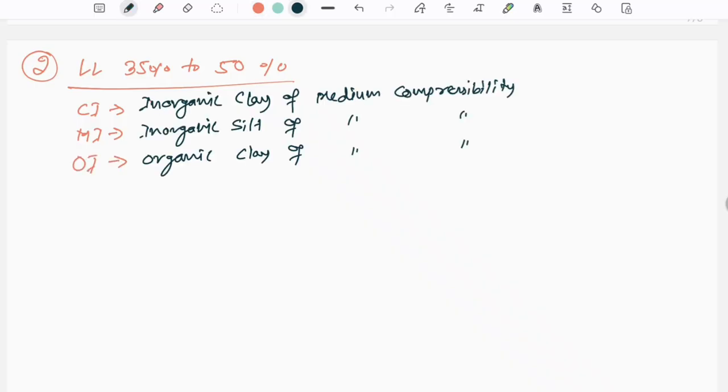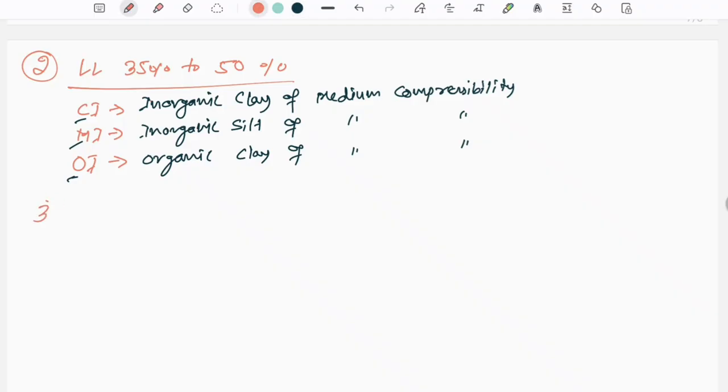So it is the same as the above manner, here C is for clay, M is for silt, O is for organic. So CI is the inorganic clay of medium compressibility, MI is the inorganic silt of medium compressibility, and OI is the organic clay of medium compressibility.